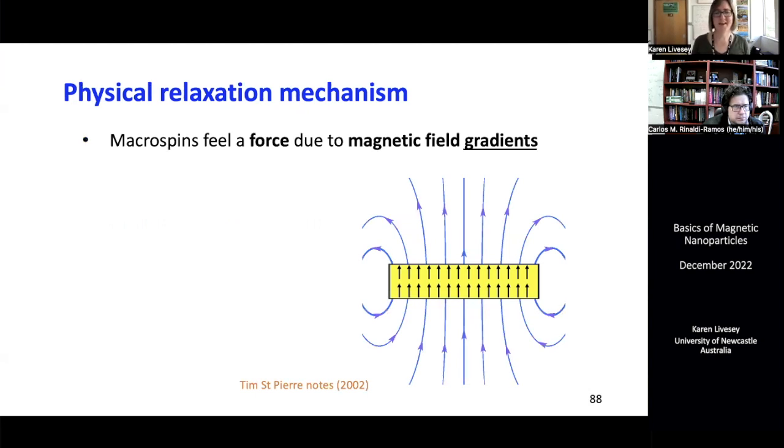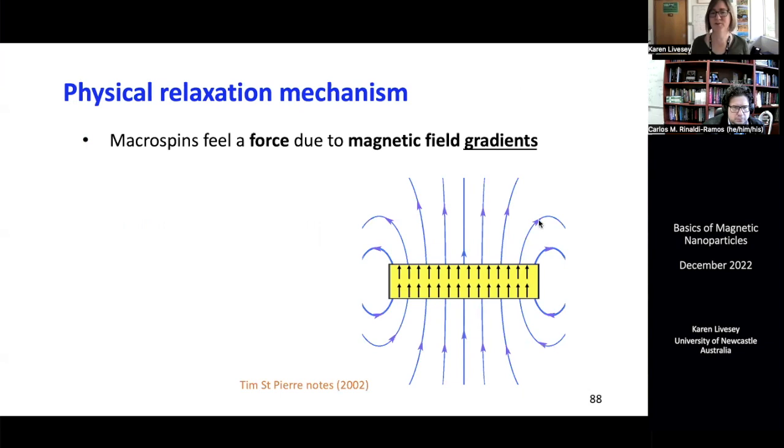All right. Now, what's key to understanding this is that when I have a macrospin, it feels a force due to the presence of magnetic field gradients. So here I've just got a bar magnet with uniform magnetic moments pointing up. So it's a ferromagnetic bar magnet, everything's uniform.